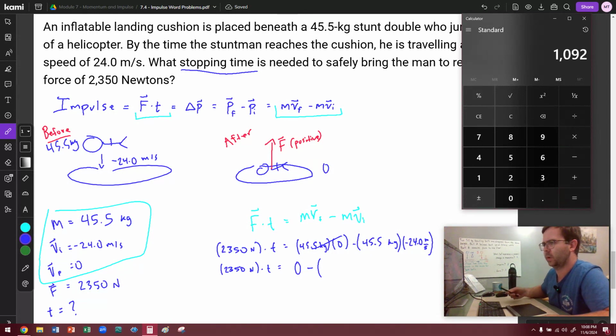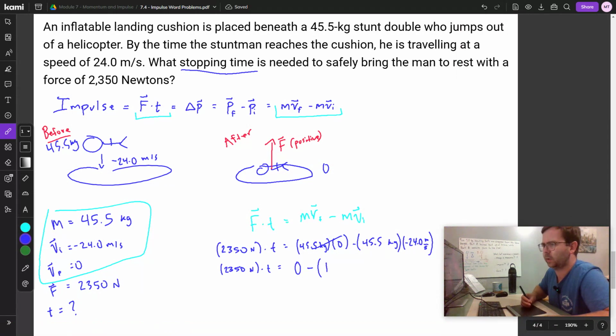is 1,092. We'll round that to have three significant figures, so we'll round the 2 down. It'll just be 1,090. And that's going to be in newton seconds here. It's negative because the velocity was negative.